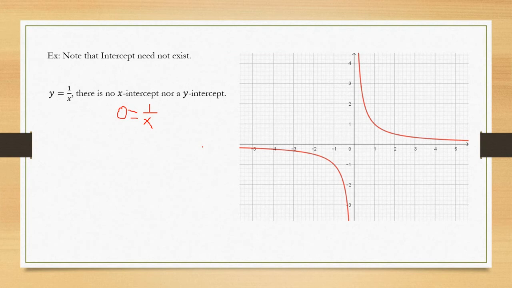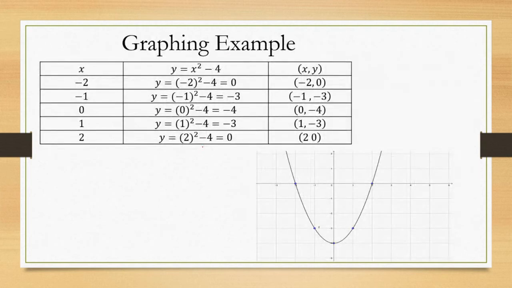Okay. And this is just another graphing example I thought it'd be good to do. So we have y equals x squared minus 4. Again, just like before, we have different x values here, as you can see.